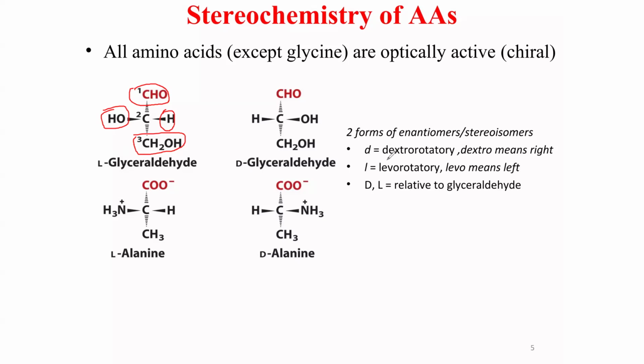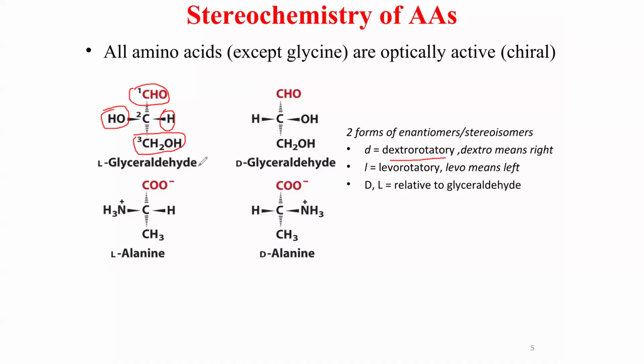So you see, D means dextrorotatory. Dextro means right. You see, this is right. And then L is levorotatory. Levo means left. So it is at the left.